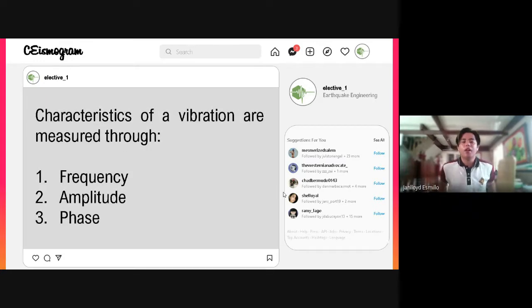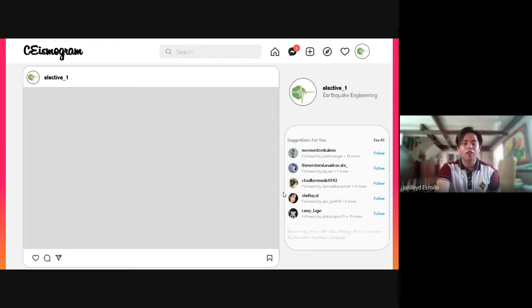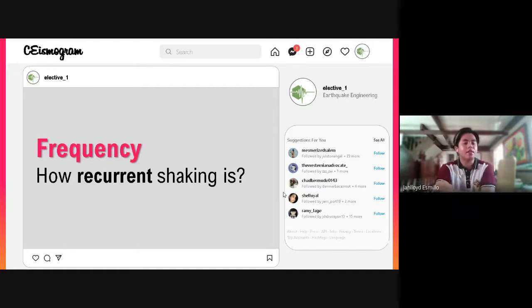So, what are the three characteristics of a vibration? So, vibration is measured through frequency, amplitude, and phase. First characteristic is frequency. So what is frequency? Frequency, by the way, answers the question how recurrent shaking is.